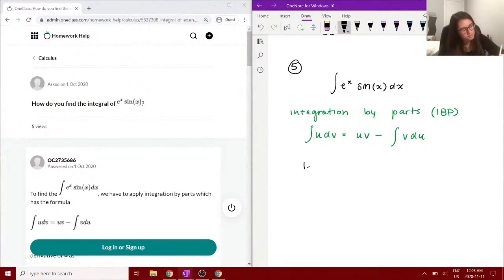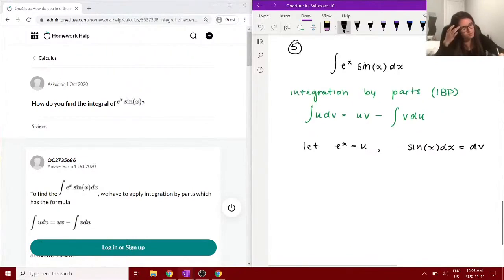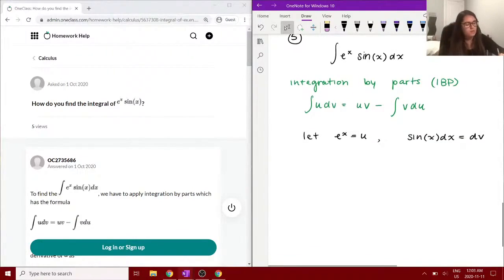All right, so let's let e to the power of x equal u, and let's let sine x dx equal dv. Okay, so I kind of wrote them backwards because it's not the way that you're used to seeing it.